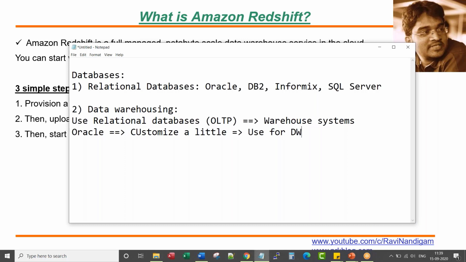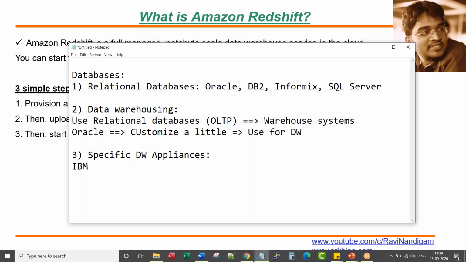This was fine until your data is manageable. When data started growing into terabytes and petabytes, the OLTP type of data warehouses did not scale as per the needs of a customer. So that's where the need for specific data warehouse appliances came.